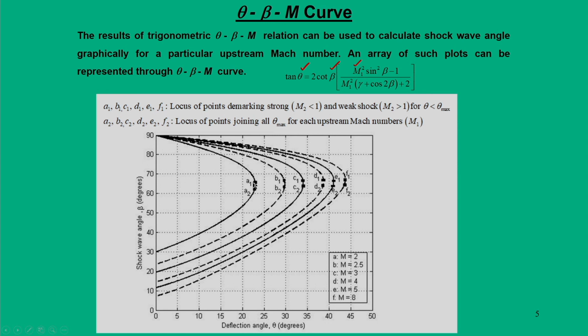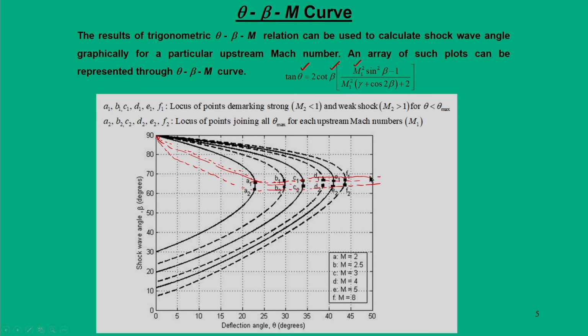That point on each curve we denote as A1, B1, C1, D1, E1 and F1. If you plot all such points, we will have one array that joins A2, B2, C2, D2, E2, F2, and another array for A1, B1, C1, D1, E1, F1.